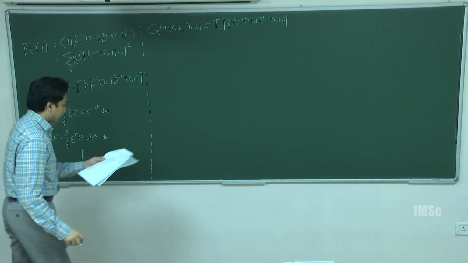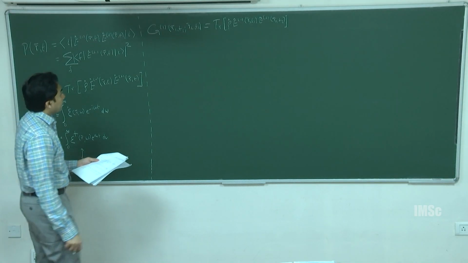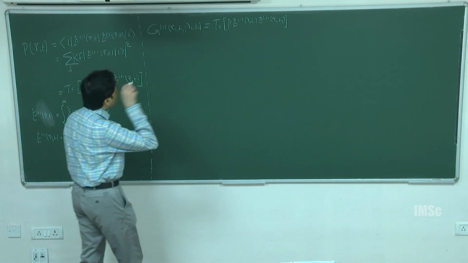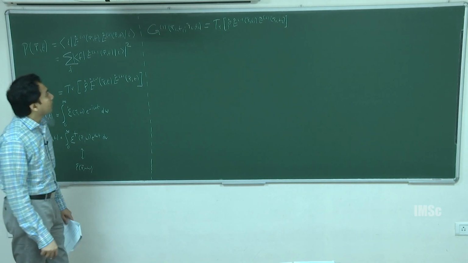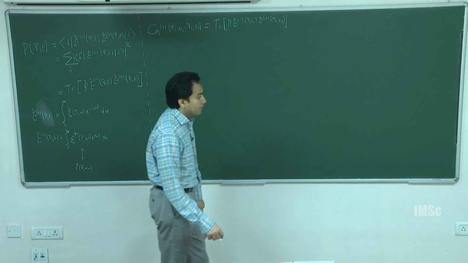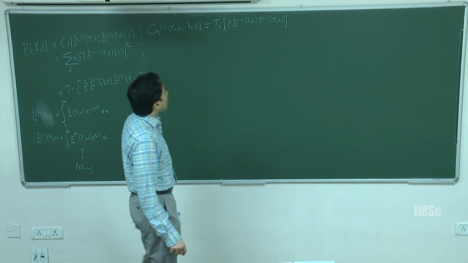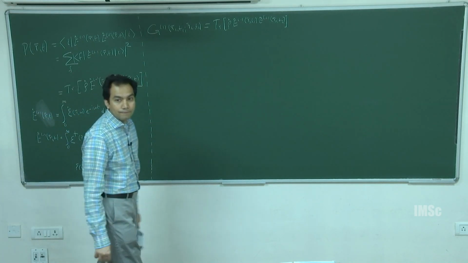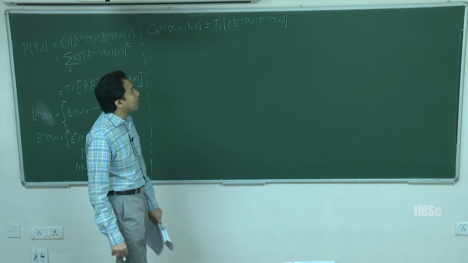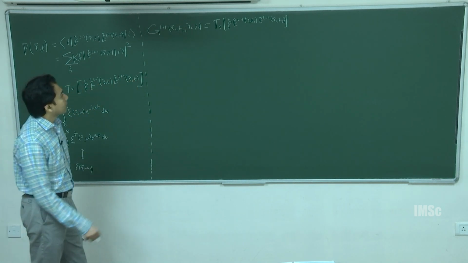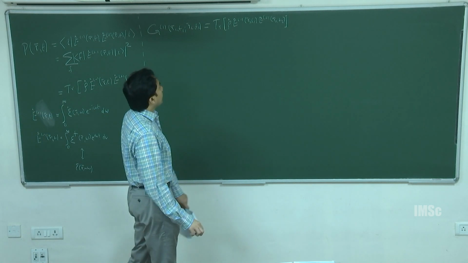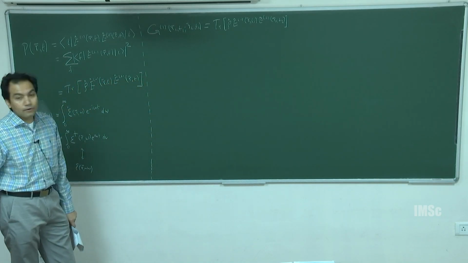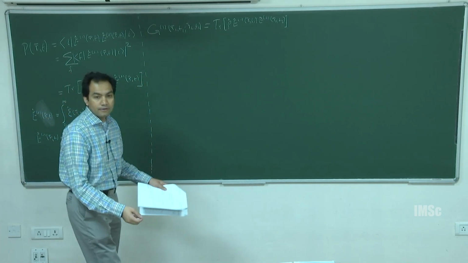So this is what it is. So this is the correlation. This tells us how the quantized field operator at R1 T1 is correlated to the quantized field operator at R2 T2. So this tells us how the quantized electric field is correlated at two different space-time points.